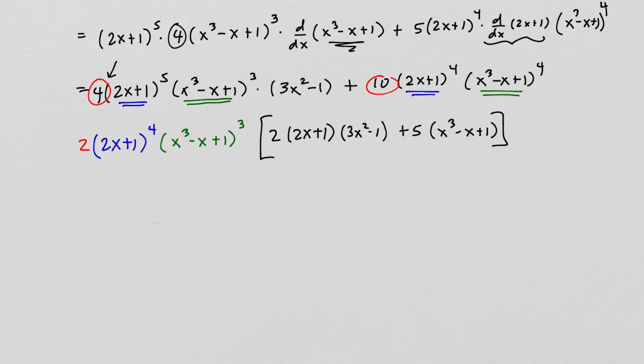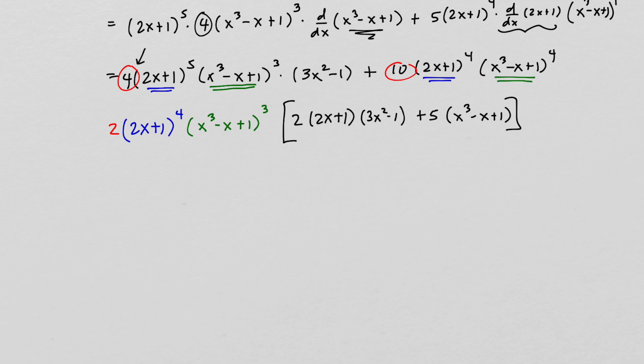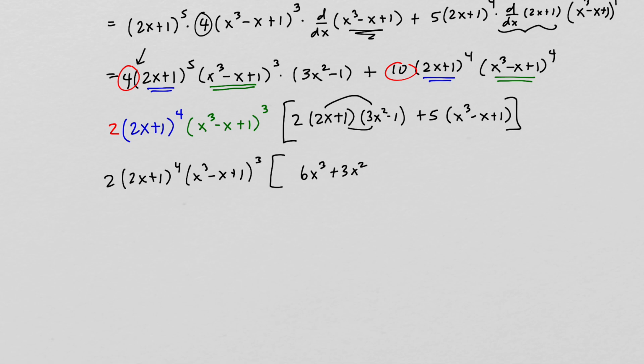Now what we can do is we can simplify the inside of those parentheses a little bit. So let's go ahead and see what we can do there. And the key here is just to go slow enough to make sure that you don't make any silly mistakes. So if I multiply this out, I'm going to get 6x cubed plus 3x squared minus 2x minus 1 and then don't forget you still have a 2 out there.